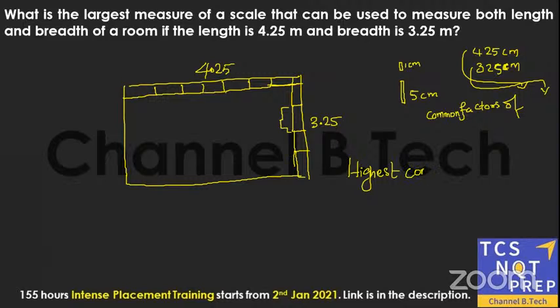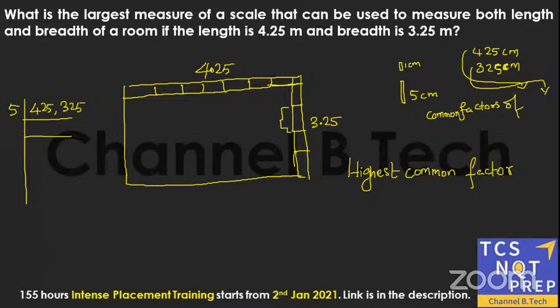That means we have to find the highest common factor, the HCF of 425 and 325. Why am I taking 425 and 325 instead of 4.25 and 3.25? I am converting that into centimeters. Later on, I can put the decimal point back and make it meters, right?